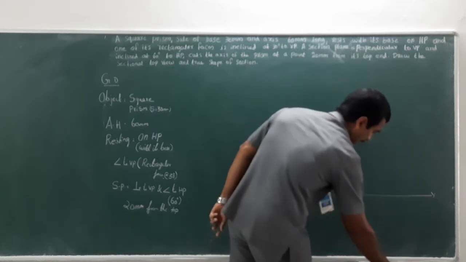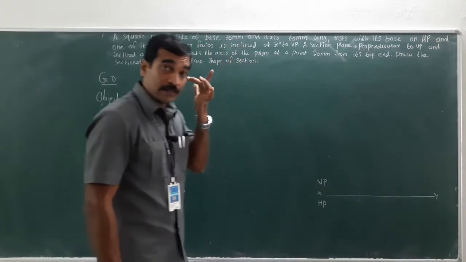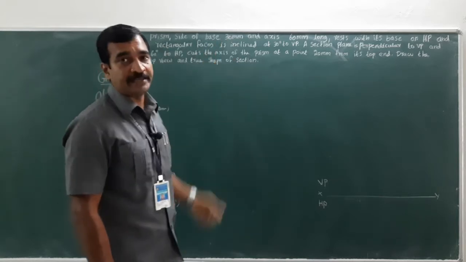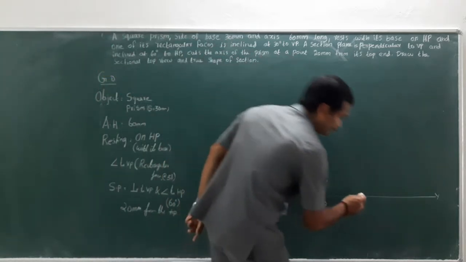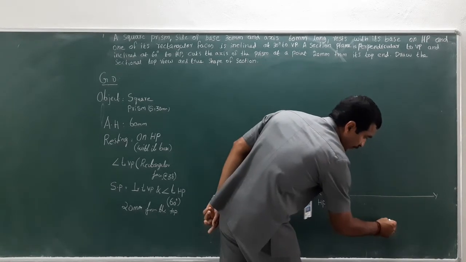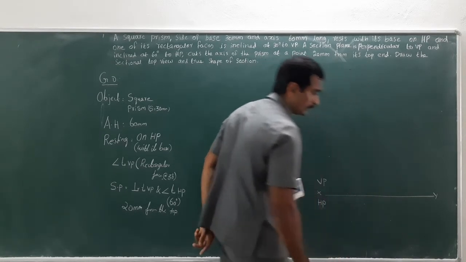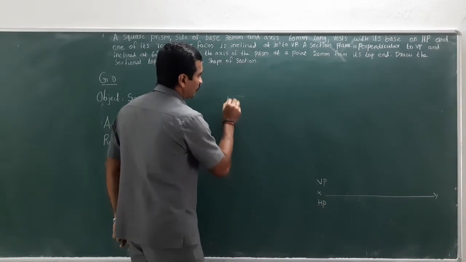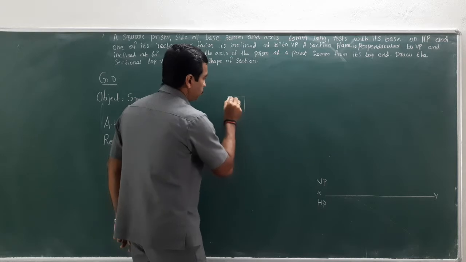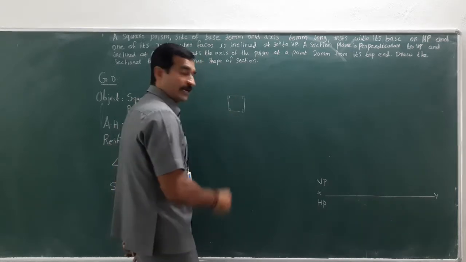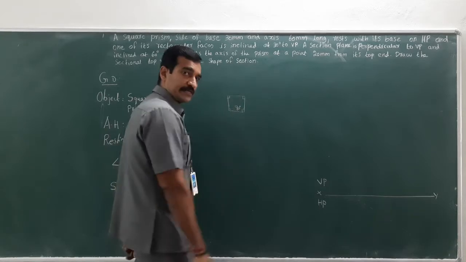Got it? Now, what is the side of the prism? The base side is 30 mm. Now, choose a point here and take 30 mm, something like this. If you draw a square, all the corners are 90 degrees, isn't it?